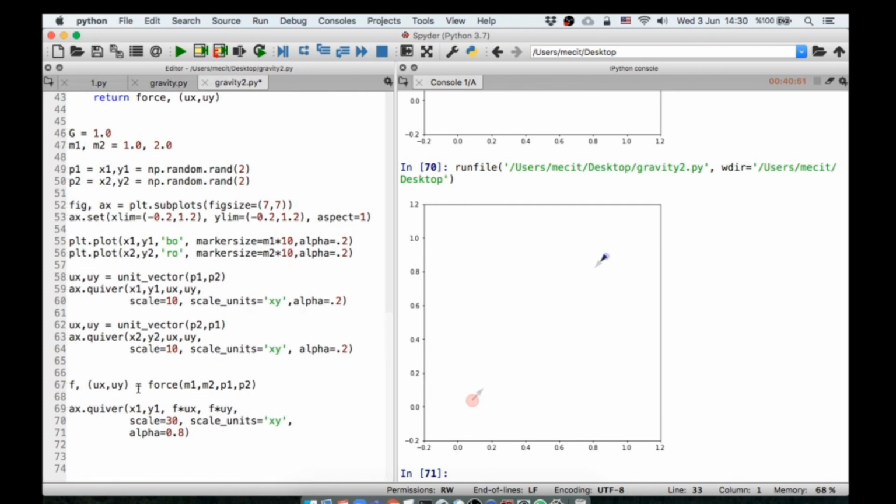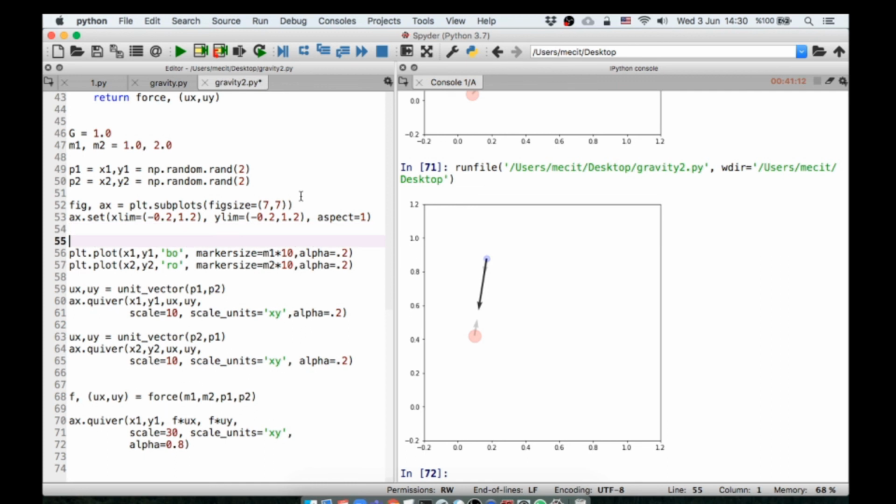Okay, so therefore I calculate the force here and plot the force. Okay, let's run this. Good. Actually, I have made my program quite concise. If I don't use this part, here is the whole code.